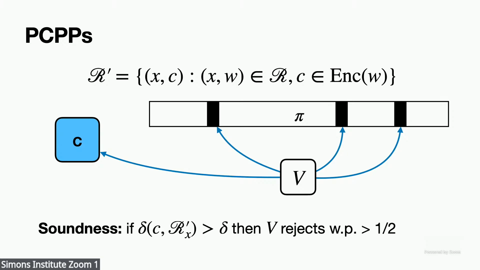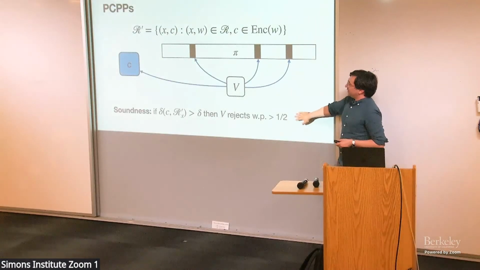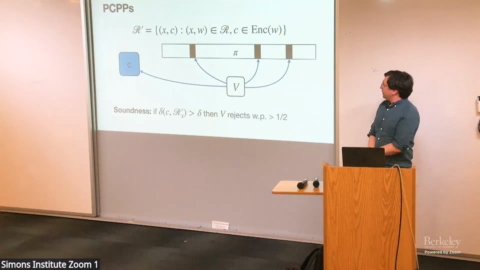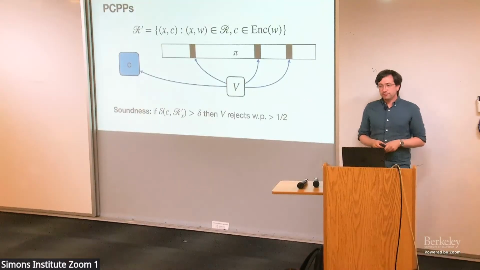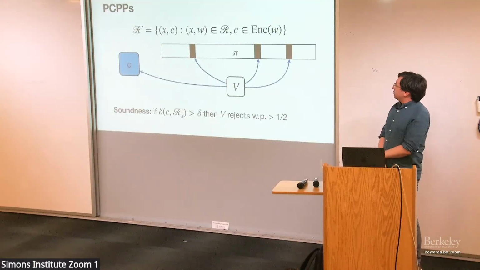For the rest of this talk, I'm going to ignore this fact. I promise you that everything works with proximity, but I'm going to assume that we can really test whether C is in this relation or not, so the proximity parameter is basically 0. Good. So that's a PCPP.